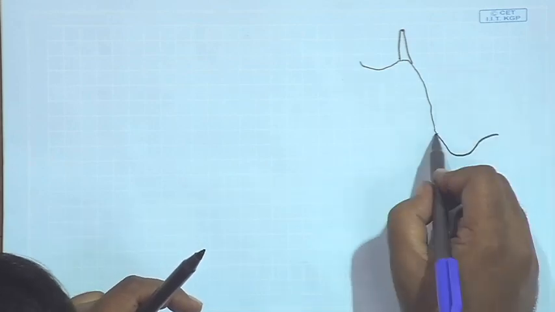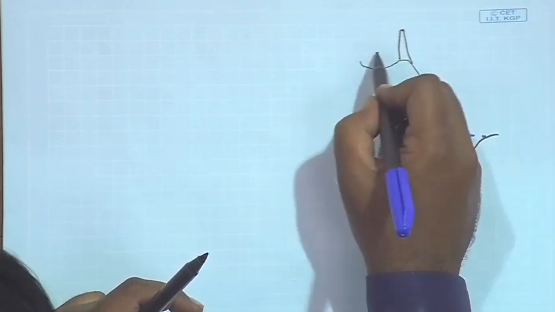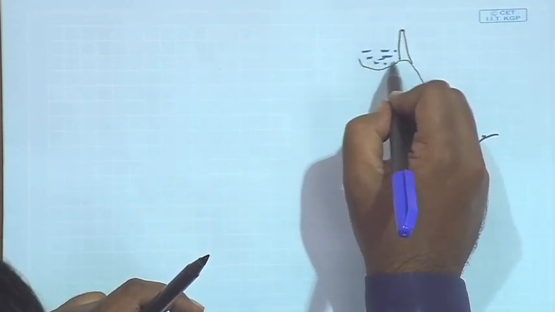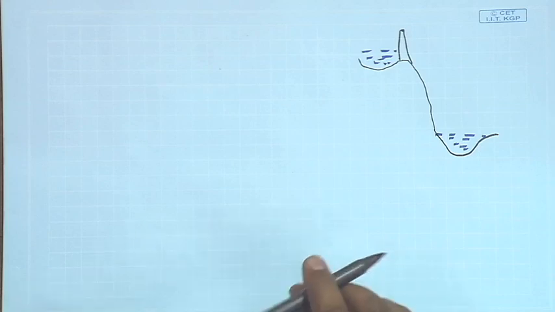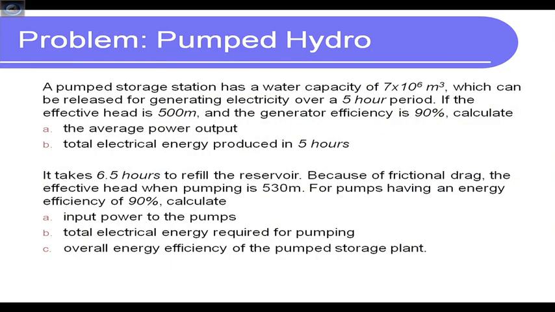So, this is my base reservoir and this is my top reservoir. Okay. So, this is my pumped hydro problem, and it says that it can be released for generating electricity over a 5-hour period. So, when we actually extract the energy, when we use the stored energy, we can use it for 5 hours. If the effective head is 500 meters, so effective head may or may not be equal to total head. Okay.